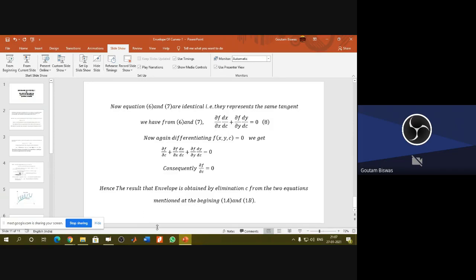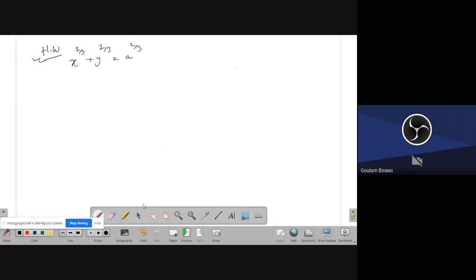One more example I want to show you like this. Suppose the curve equation is like this. This is your homework: x square cos theta plus y square sin theta is equal to a square, and theta is the parameter.